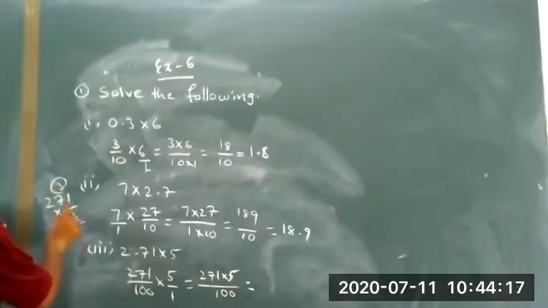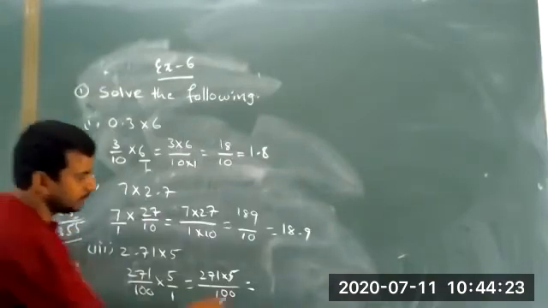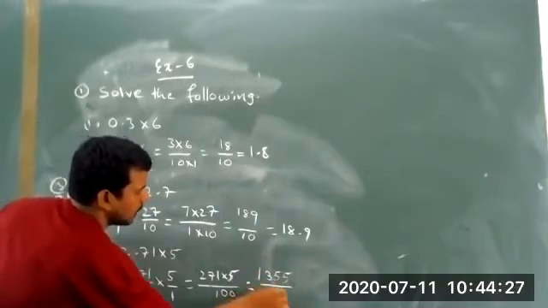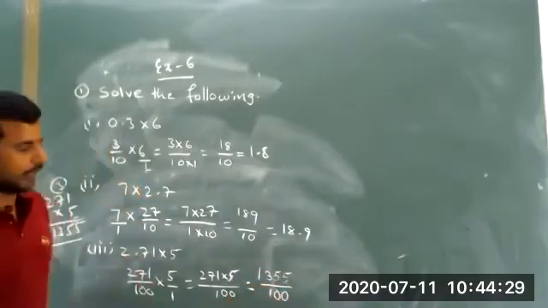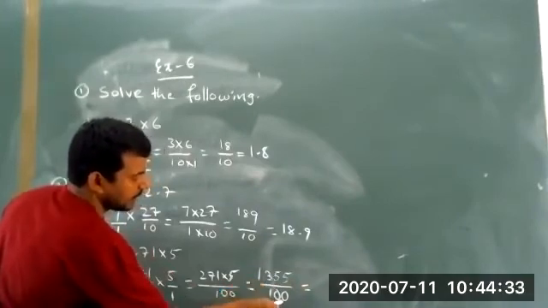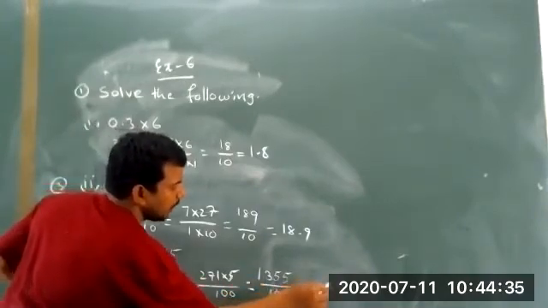So 1355 by 100. Because here 100, the decimal point goes here, so 13.55.